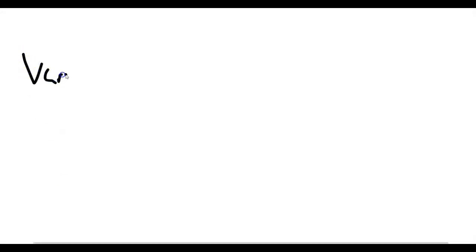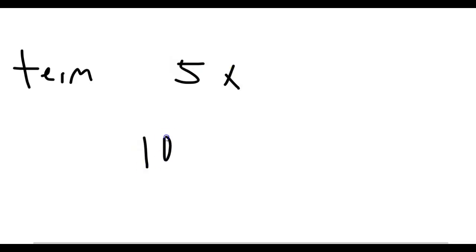A variable would be a letter like X, Y, Z, and going on. And then a term would be 5x, 10x, 35x, just a constant and a variable.